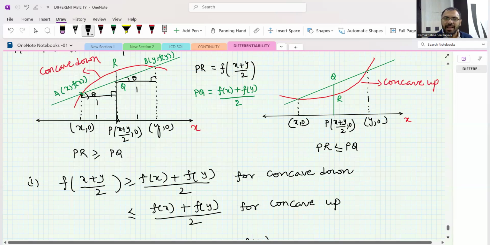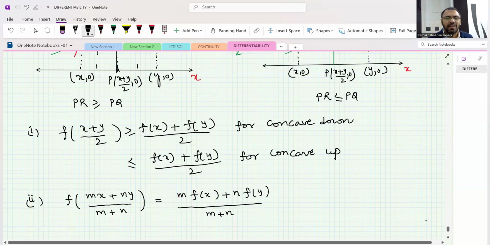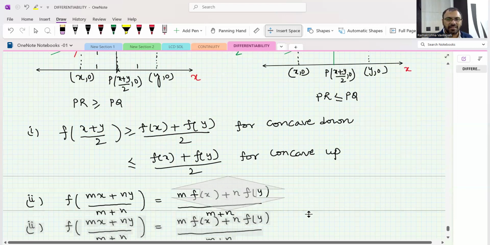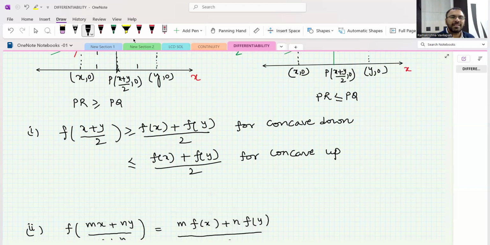And equality occurs when this is a straight line.